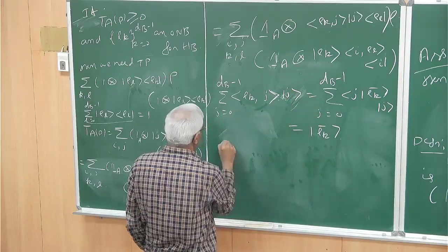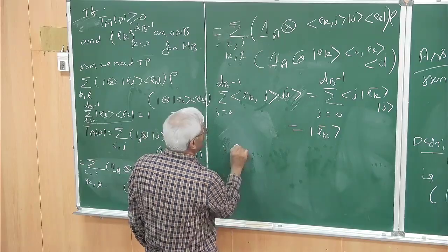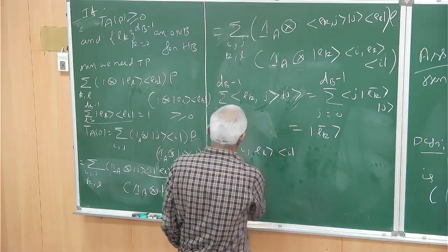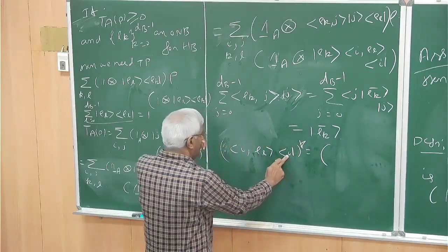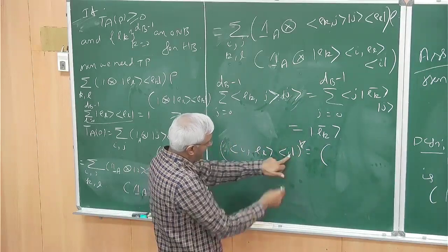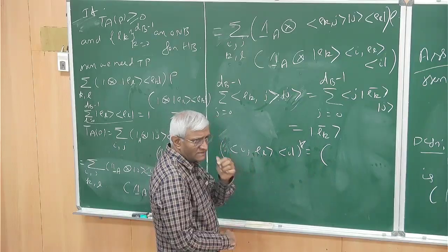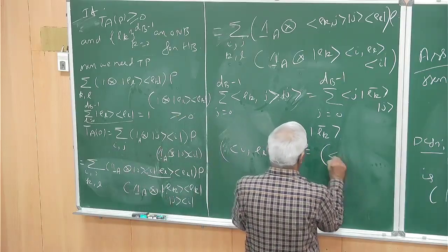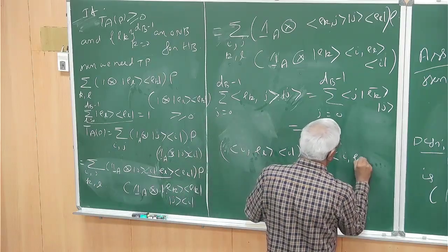What is the other one? The other one is <i|e_l> and then |i> here. But this is just the star of, if you take the star of this, it will become the other vector, the ket vector, let's say. And you will take the bar here and it will become <i|e_l> bar again.